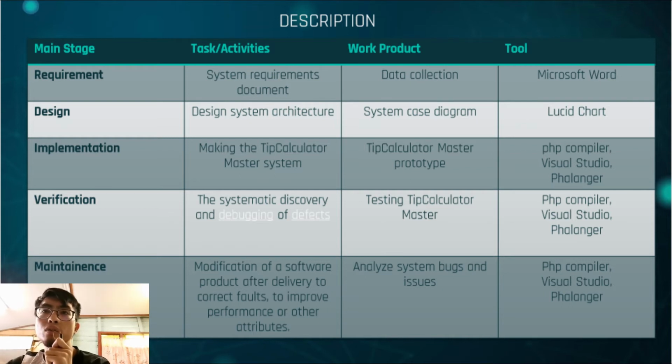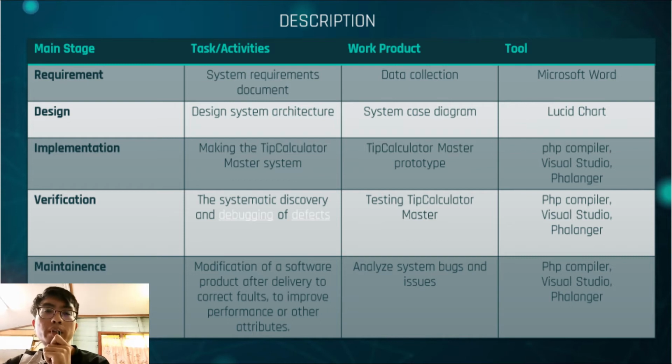The tools we will use are a PHP compiler, Visual Studio, and Phalange. The fourth one is verification, which is the systematic discovery and debugging of defects. The work product is testing the tip calculator. The tools are the same as implementation: PHP compiler, Visual Studio, and Phalange.